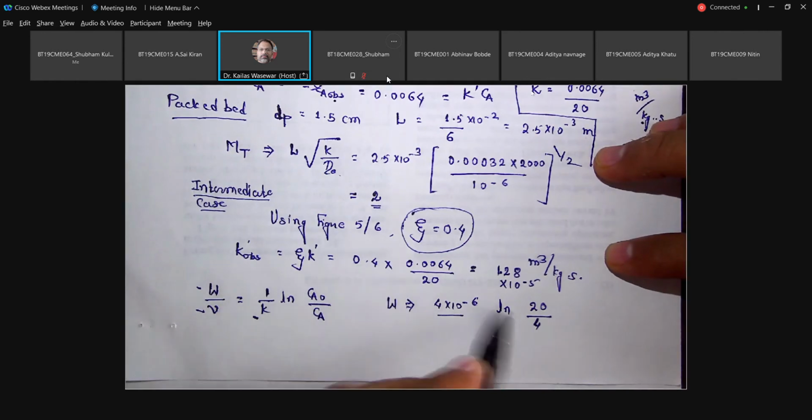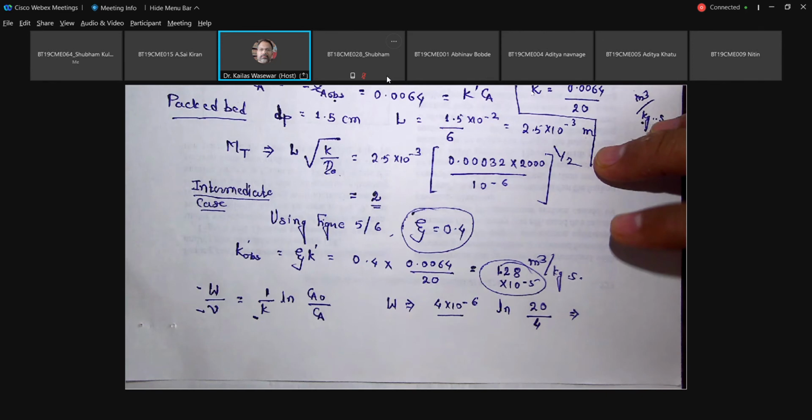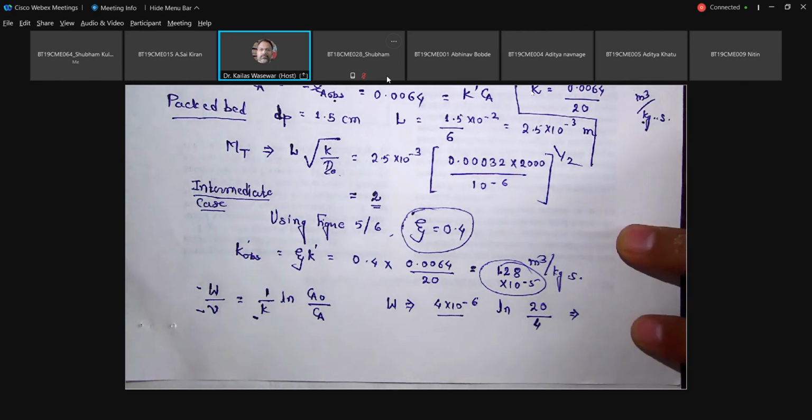You can check this one. So this will be here. And what will be the weight of catalyst? 0.0503 kg, or you can say that it is 50 gram.